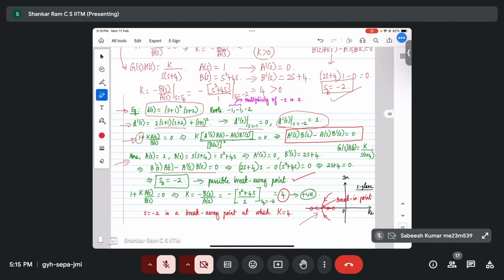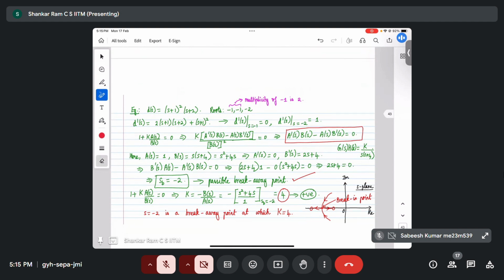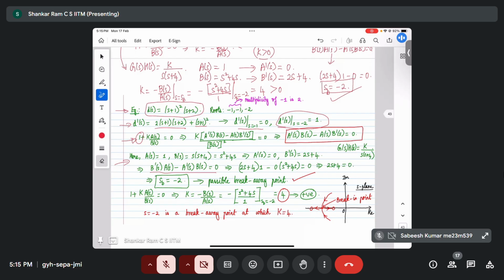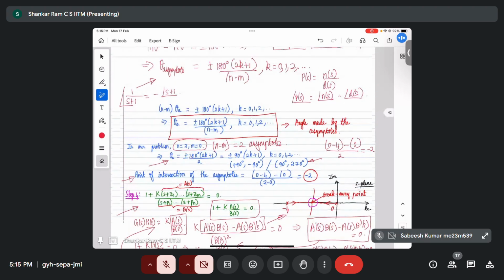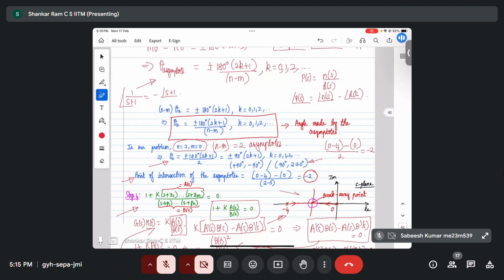Sorry, this is an example of a breakaway point. In this particular example, one branch starts from minus 4, another branch starts from 0. At minus 2, they break in and then they branch out, and the value of k at the breakaway point is 4.